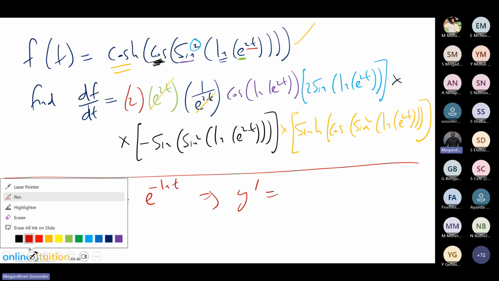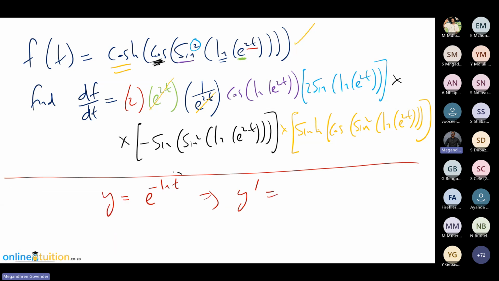Don't overthink it. It's minus ln t. Let's start there. What's the derivative of ln t? It's 1 over t, but there's a minus sign sitting in front, so it becomes minus 1 over t. Then you ask yourself, what is the derivative of e to the something? Well, it's e to the minus ln t, and there's your answer. But you can make this look very beautiful, isn't it?